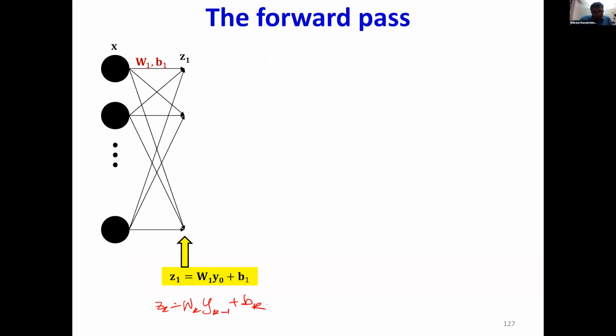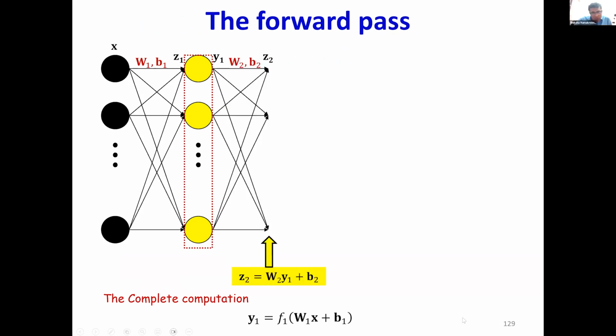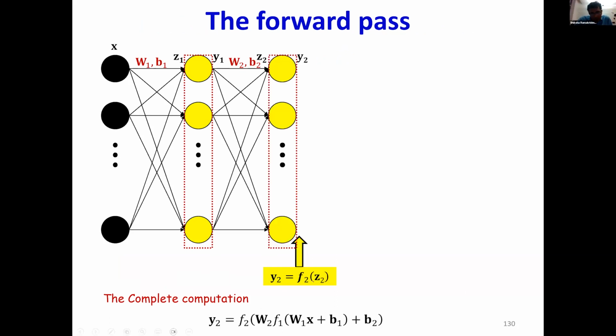And so then Y1 equals simply F1 of Z1. Down here, I'm writing the complete operation, but you can ignore it, because then Z2 is W2 times Y1 plus B2. And then Y2 is going to be just F2 of Z2.